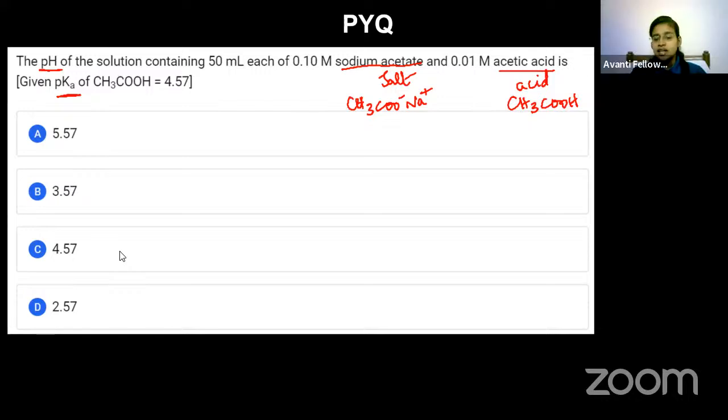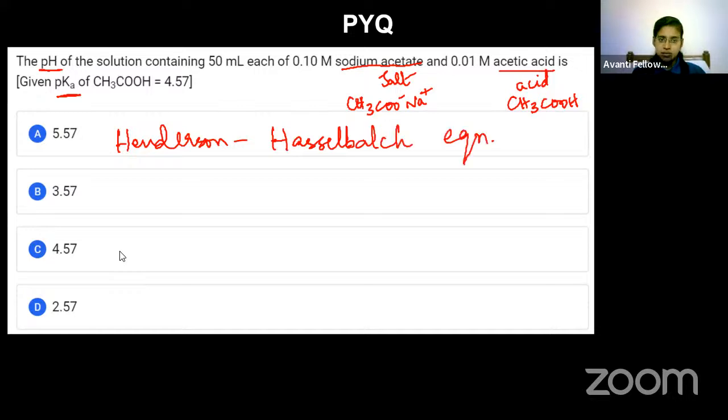Okay, it is the Henderson-Hasselbalch equation. Right? It is the Henderson-Hasselbalch equation we have to apply.